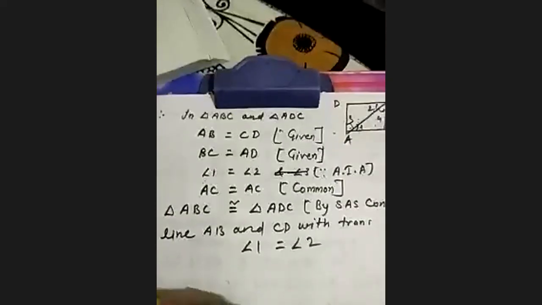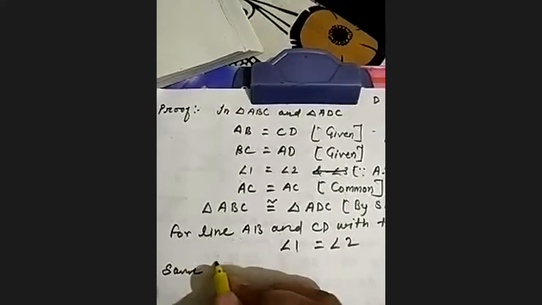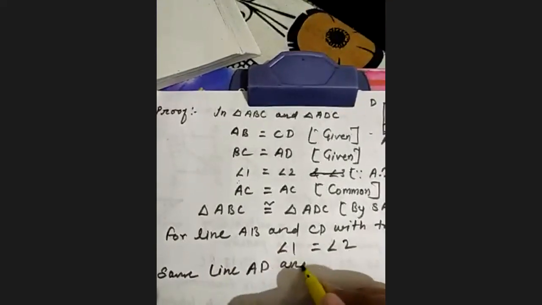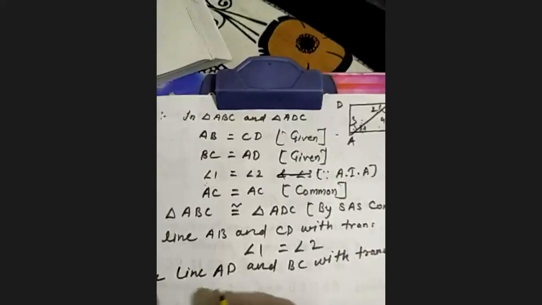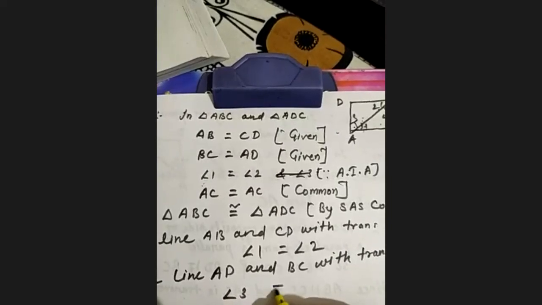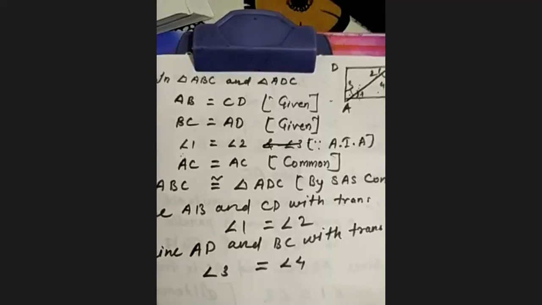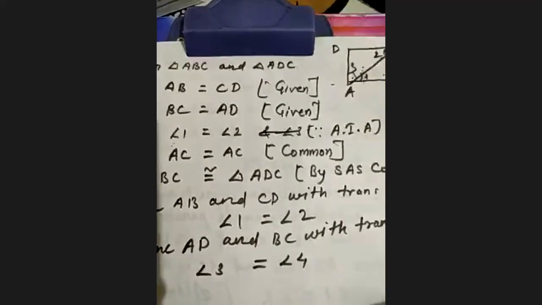So here angle 1 is equal to angle 2, and similarly lines AD and BC with a transversal line. So that means angle 3 is equal to angle 4. Both are equal because they are alternative angles. Okay, they are alternative angles and they are equal.